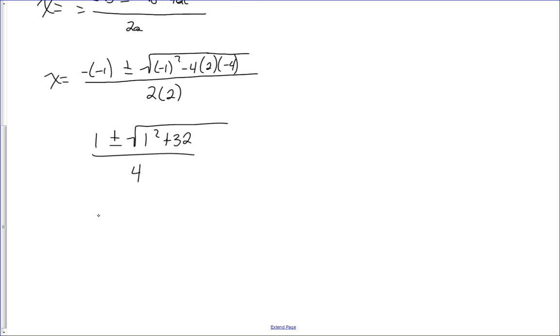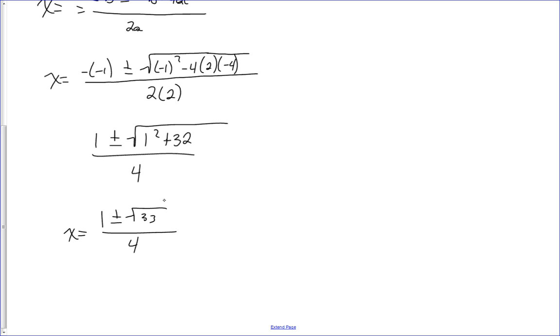Now 1 squared is simply 1, so this is 1 plus or minus the square root of 1 plus 32, which is 33, all divided by 4. So x equals 1 plus or minus the square root of 33, divided by 4.